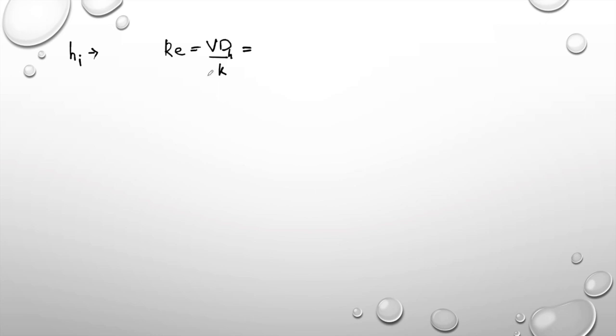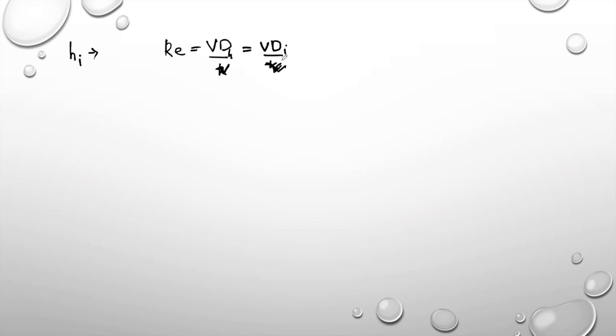Now, if you are dealing with a circular tube, then D_h will be D, which is D_i. Sorry, not k. V D_h over ν, kinematic viscosity, not k. D_i is already given in the question. Kinematic viscosity you already found in the properties table.